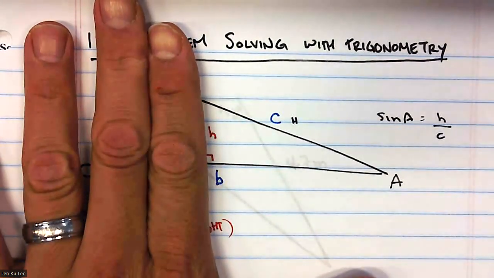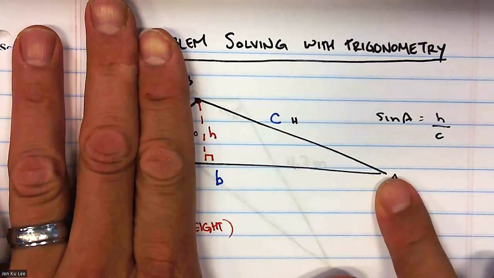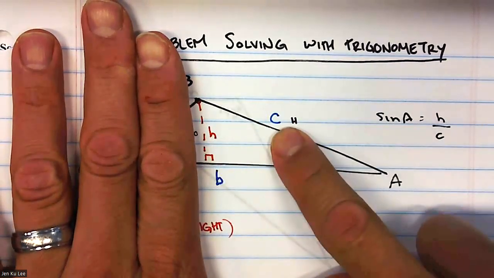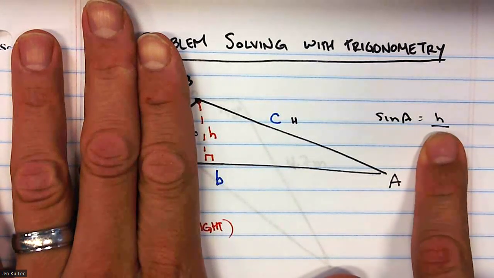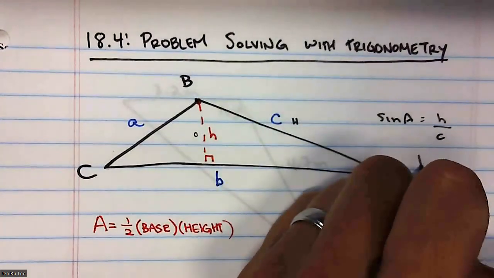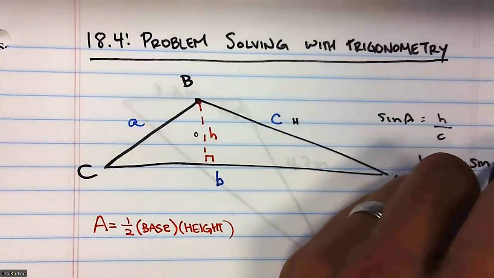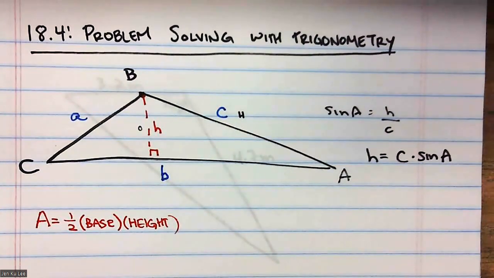If I give you that triangle right there, then I know that the sine of A equals opposite over hypotenuse, which is h over c. So if I solve for h, I would get h equals c times sine of A, correct?